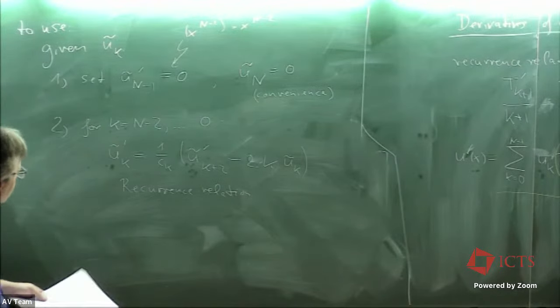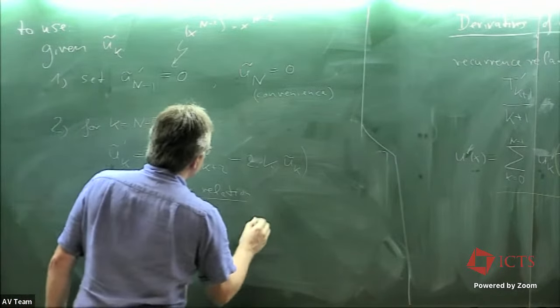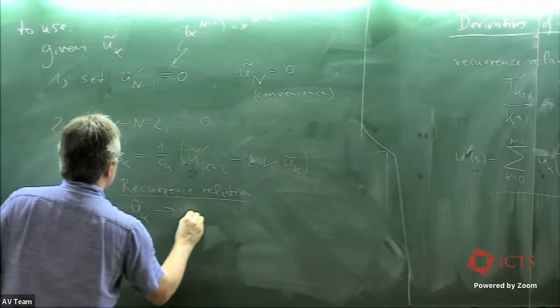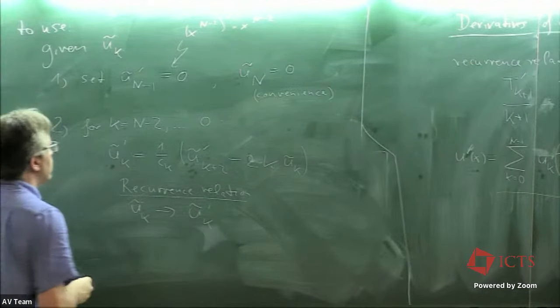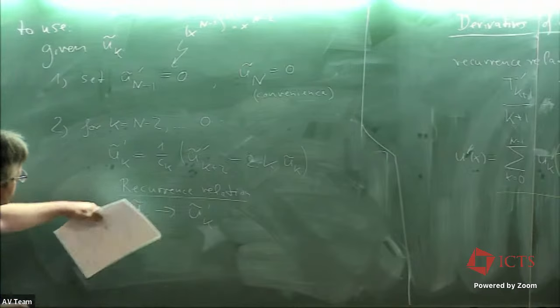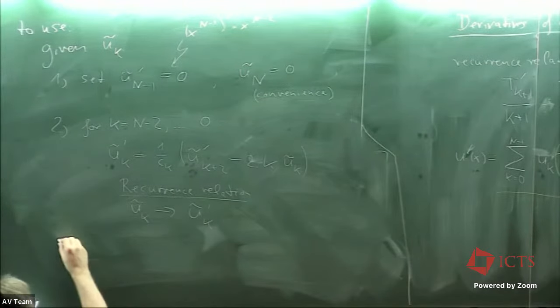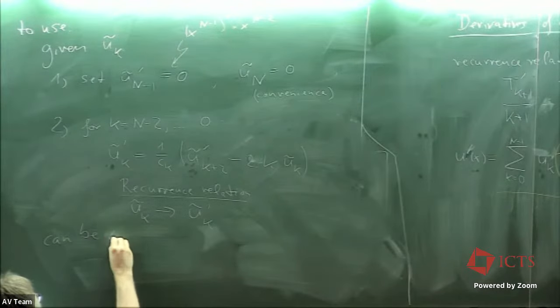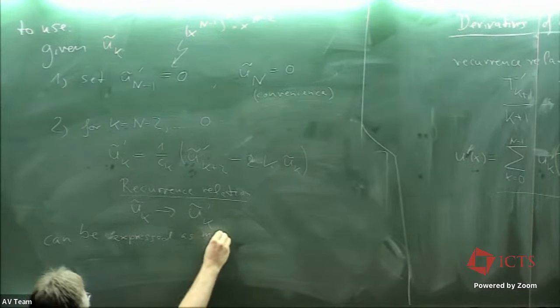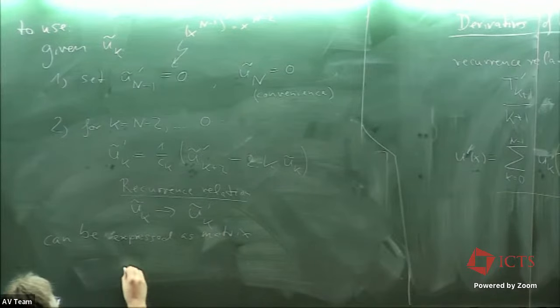And this recurrence relation gives us from the UKs, the UK primes. And as I will show you in a little while, this recurrence relation can also be expressed as a matrix. So we can write the coefficients.